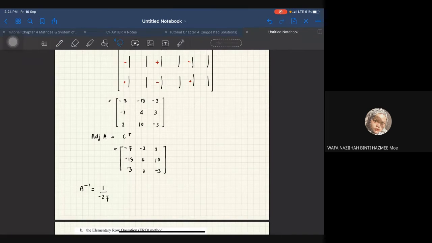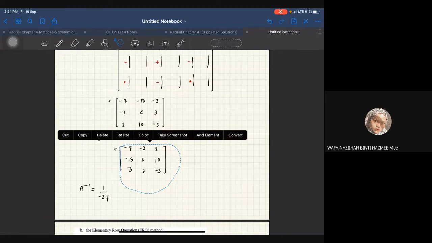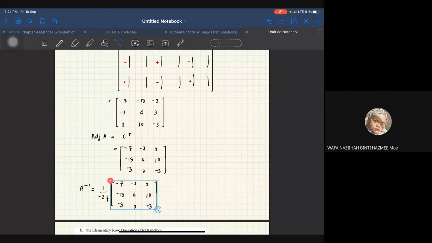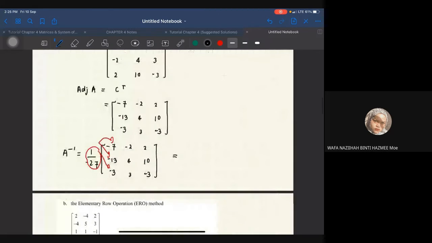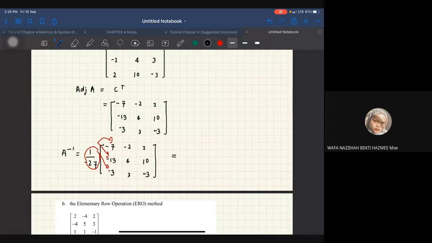Okay, and then what you need to do is expand every element in the matrix with this one. Okay, so expand semua masuk ke dalam. Okay, so awak punya jawapan akhir is negative 7 divided by negative 27 is 7 over 27. Okay, and then we have negative 2 divided by negative 27. So you have 2 over 27. Okay, and then negative 2 over 27.